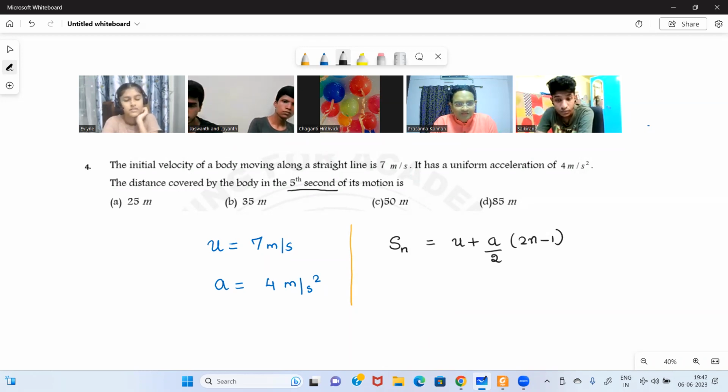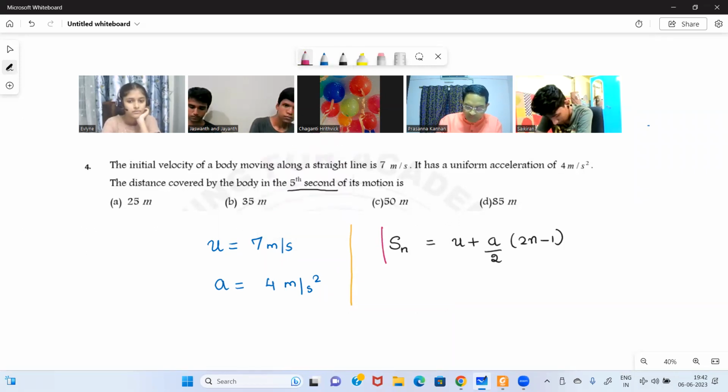This is not the displacement in n seconds, this is the displacement in the nth second. If it was displacement in 5 seconds, the formula you should have used is S is equal to ut plus half at square. But if they ask you to find the displacement in the 5th second, or the 4th second, or the 10th second, then you are expected to use this formula.